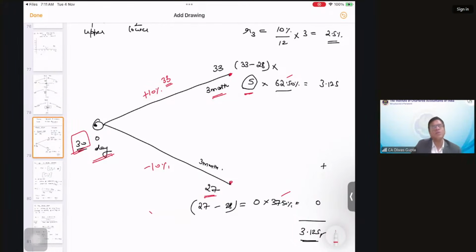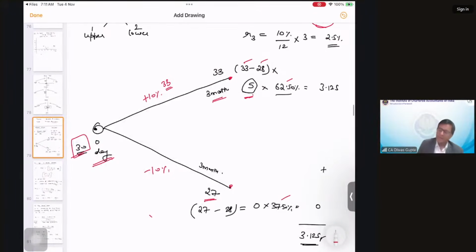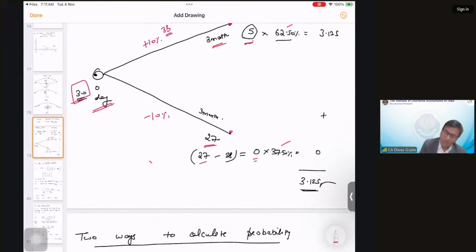If it is lower, then there is no payoff. In this case, the strike price was 28. The actual price is 33, which means 5 rupees was the payoff. Similarly, if the price has come down to 27 rupees, then 27 minus 28, there will be no payoff. It will be 0. Please note, students, it will not be negative.